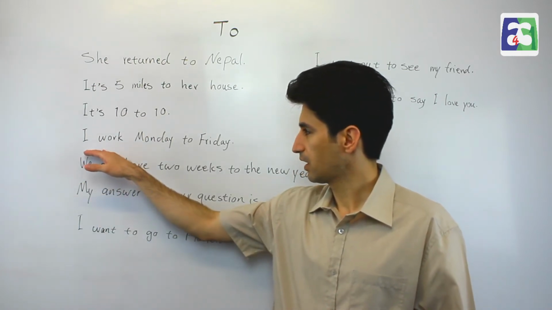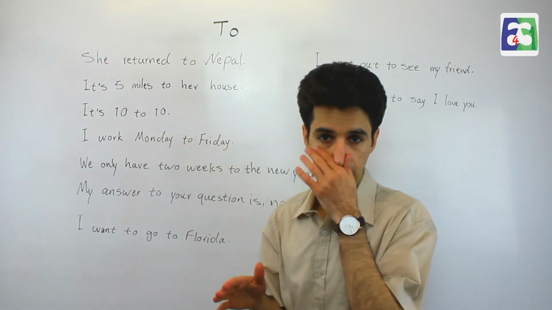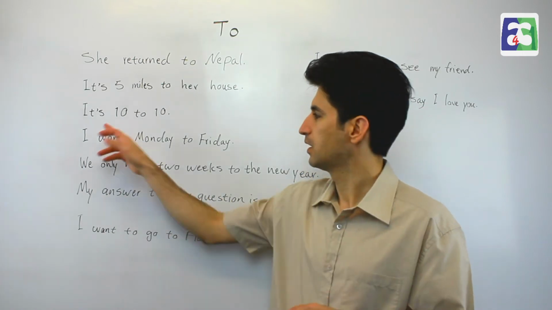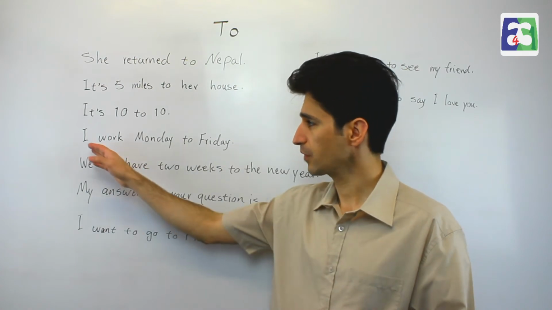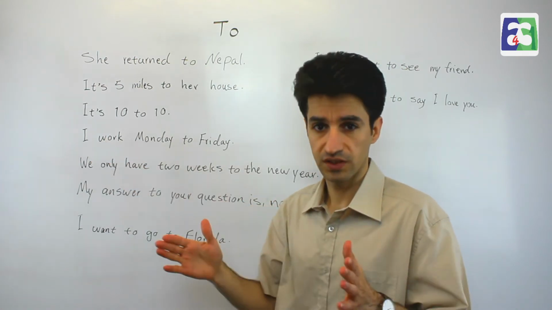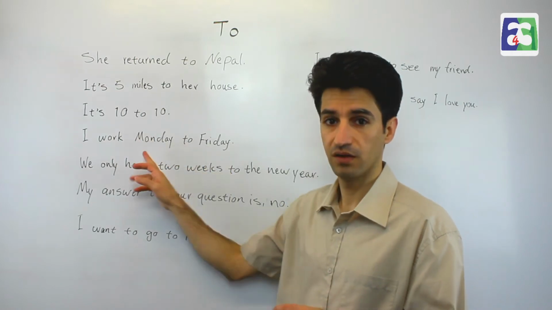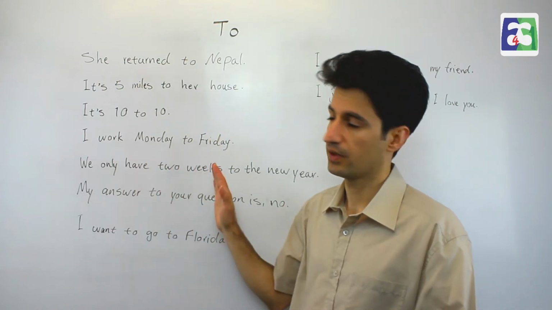Over here again we have the same thing, and this is the duration. It can be a period of time within a week. I work Monday to Friday, or from Monday to Friday. Or a duration within a day: I work from 8 to 4, from a start time to the end time.